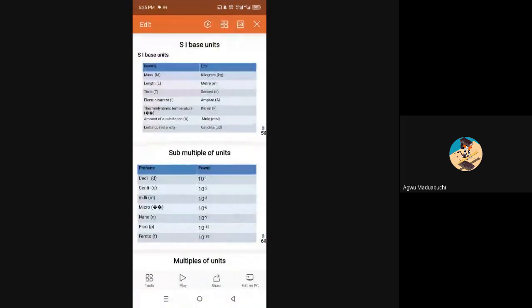Now, the same thing also applies to length. Don't forget that 10 millimeter make 1 centimeter, 10 centimeter make 1 decimeter, 10 decimeter make 1 meter, and 1,000 meters make 1 kilometer.